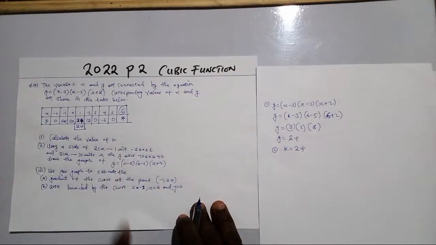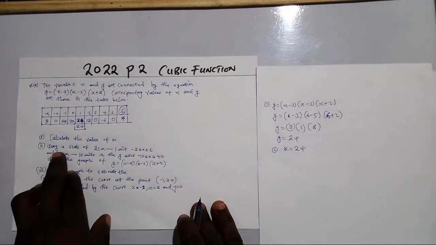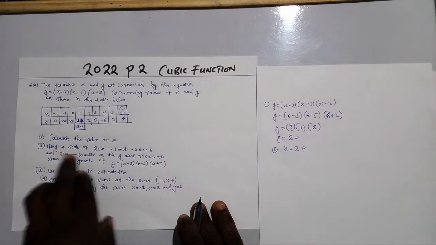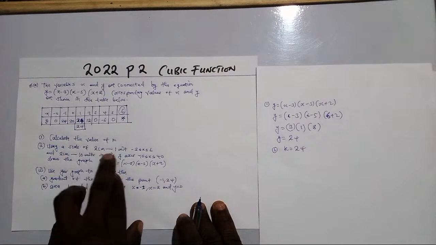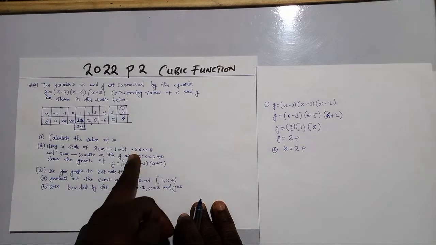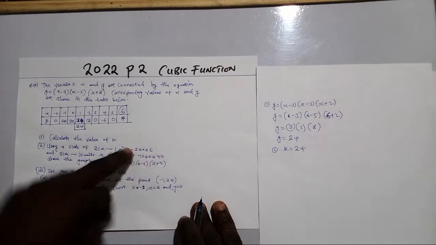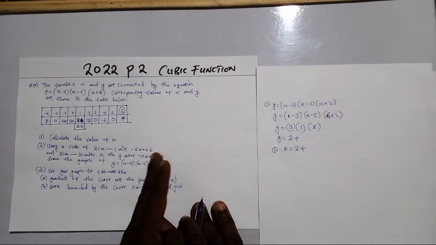Now for 2, we are told to use a scale of 2 centimeters to represent 1 unit on the x-axis, for x greater than or equal to negative 2 and less than or equal to 6.